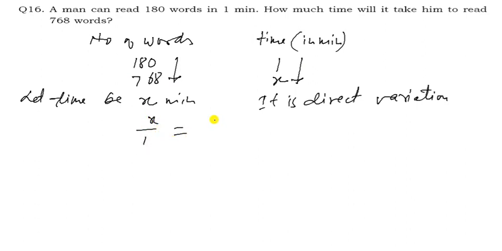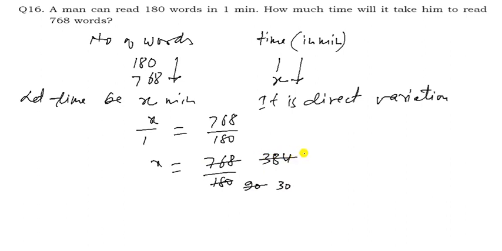So x upon 1 is equal to 768 upon 180. So x equals 768 upon 180. So now divide here, 2 9s are 0, and 2 3s are 6, and 2 8s are 16, and 2 4s are. So 3 3s are 9 and 3 1s are 3, 3 2s are 6 and 3 8s are.